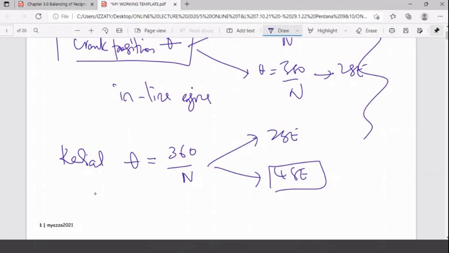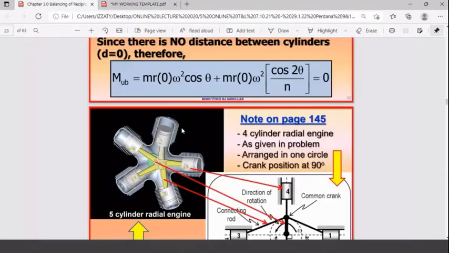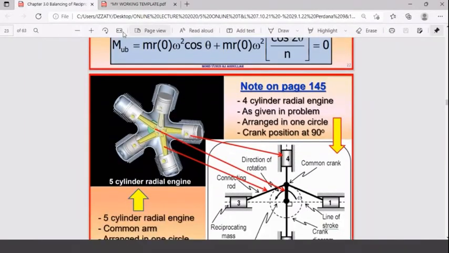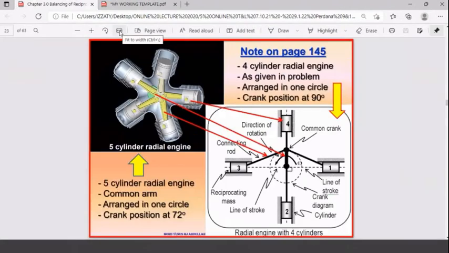The reason you have 360 here is because the arrangement of the engine is in one circle, isn't it? If I go back to this one, look here, it is in one circle. So it simply means there is no space between one cylinder and the next. The space between cylinder to cylinder is given by theta.